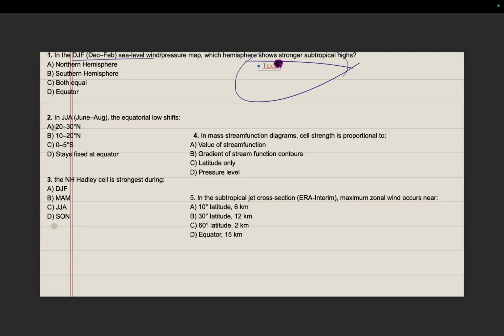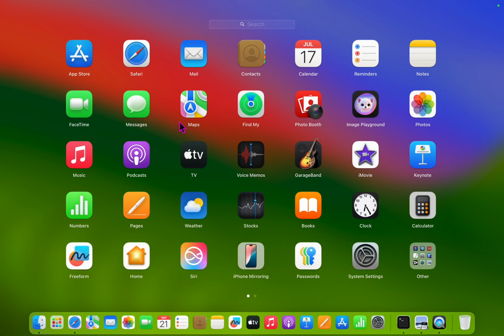More solar insolation implies a stronger subtropical high. So in December, January, February, more solar insolation occurs in the southern hemisphere. So for question 1, option B is correct.